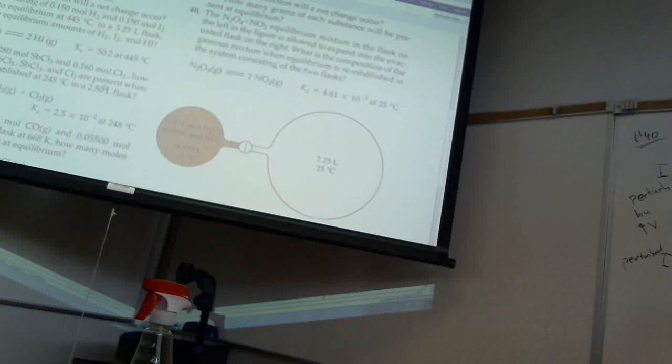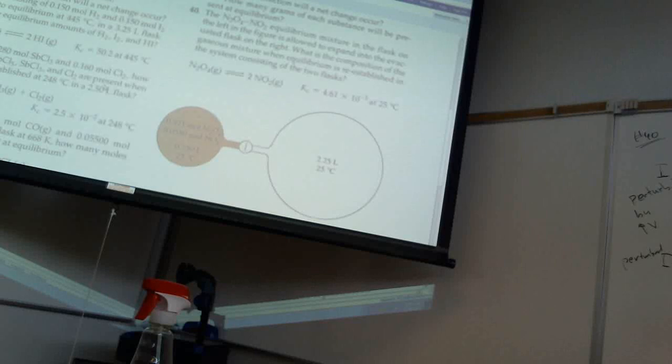Q is 0.01933 squared divided by 0.3236, which gives me a Q value of 0.001154.